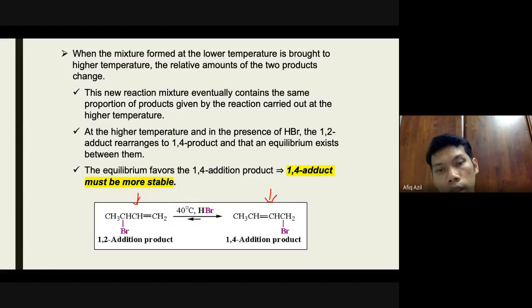That means that the reaction favors the right side product. If you still remember chemical equilibrium in pharmaceutical chemistry 1 or in general chemistry, a bigger arrow to the right means the reaction shifted towards the right. So this product is more stable than the starting material itself.